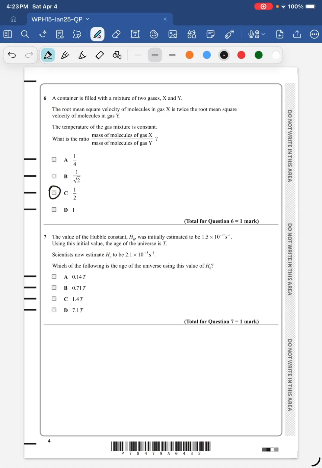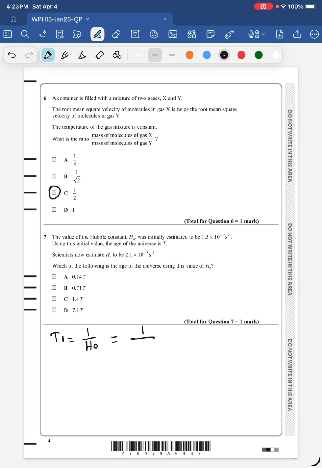Okay, so we can find the initial age of the universe. So let's call it t initial. Sorry, I called it initial just to distinguish between the two. Maybe it's better to call it t1, okay? So t1 is 1 over h0, right?